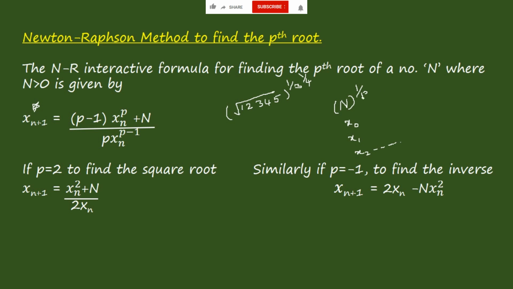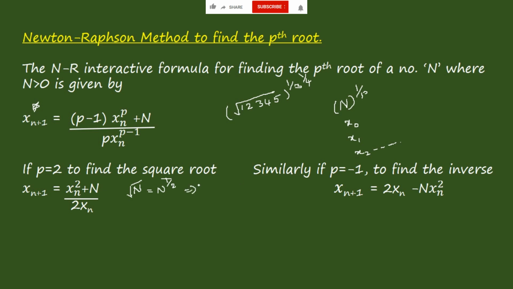Now the formula is x of n plus 1 is equal to p minus 1 into x of n power p plus n by p into x of n power p minus 1. Now if you want to find the square root of a number, n square root, which is equal to n power 1 by 2, right?